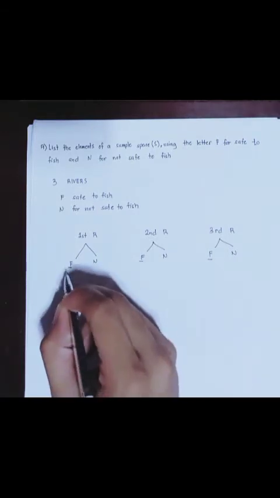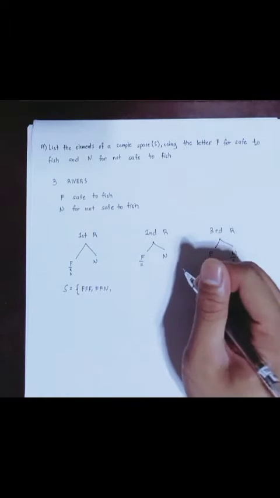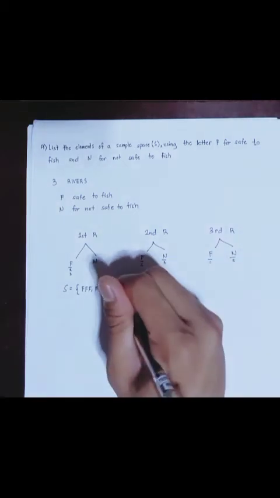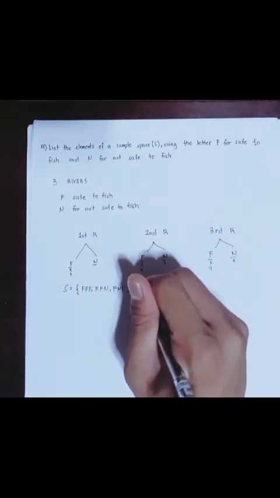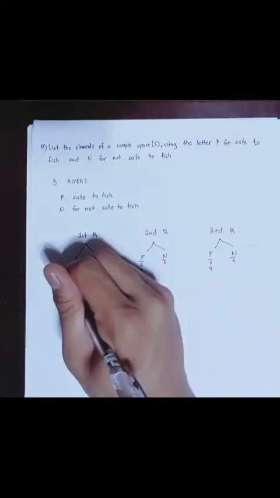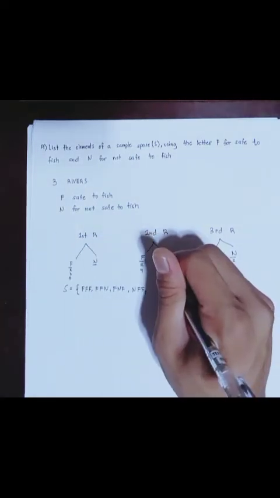And next one, F, F, then N. So we have here the F, F, and N. Next is F, N, F. Another element is the N, F, F. Next one is the F, N, N.